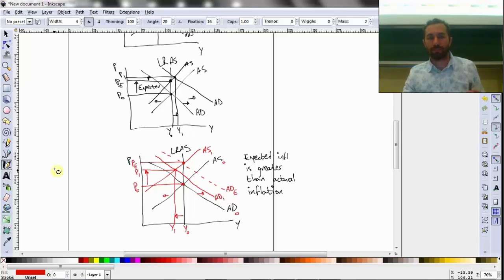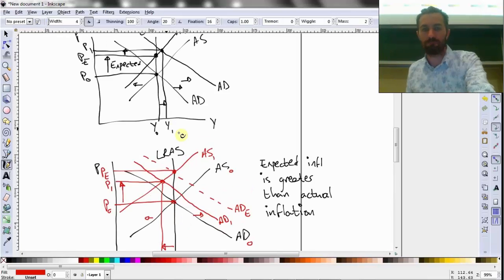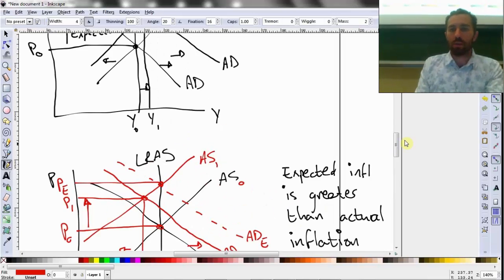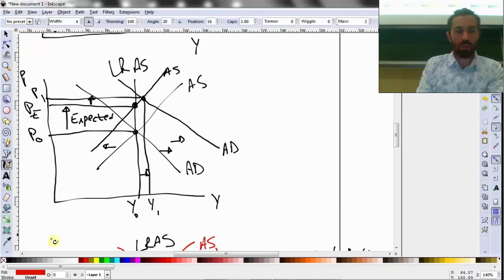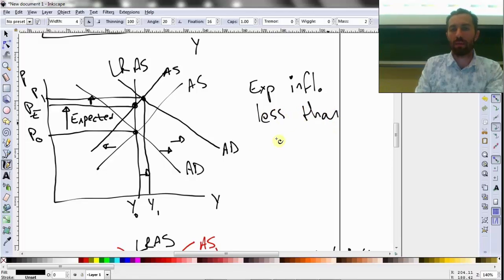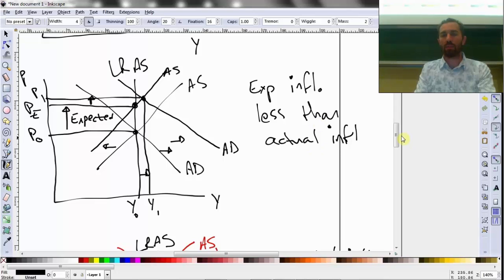So our previous example here, we had where expected inflation was essentially less than actual inflation.